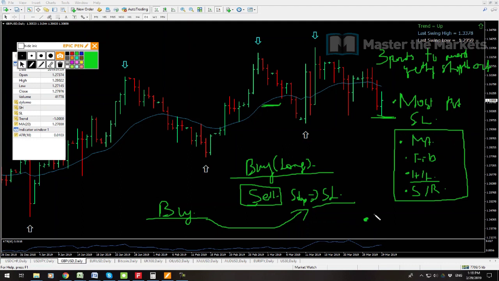Okay, so for that a guideline can be to put it at least behind two tiers of stop loss. So at least behind a moving average and a fib, or you can use a moving average and a high and low of bar, or moving average and a support resistance, or any combination of Fibonacci and a high and low, or Fibonacci and a support resistance, at least behind two tiers of stop loss. Okay, so that could help you as well.